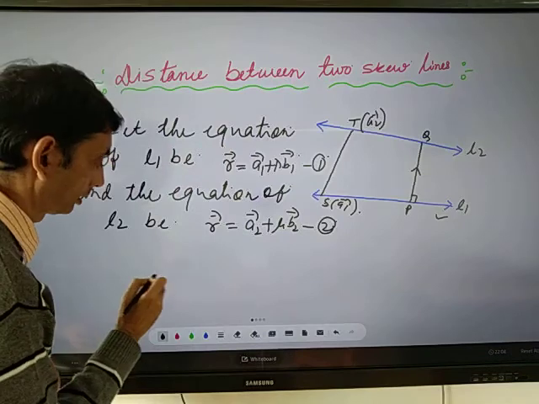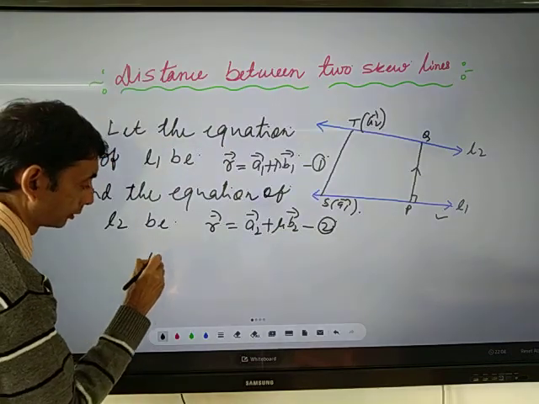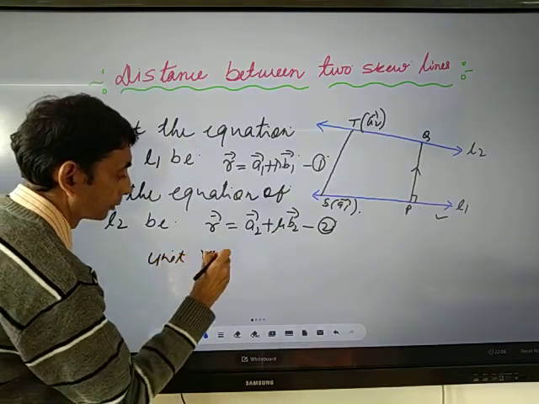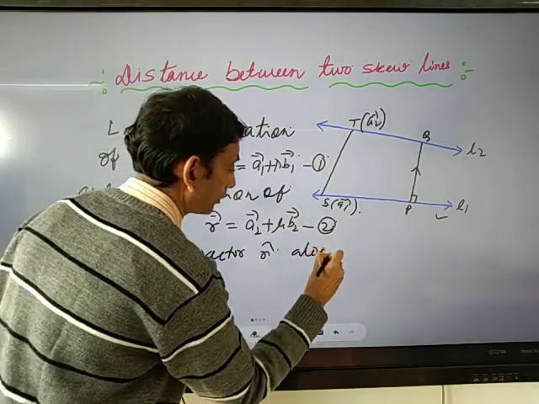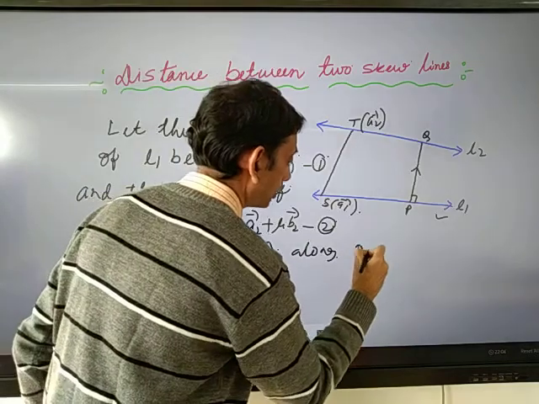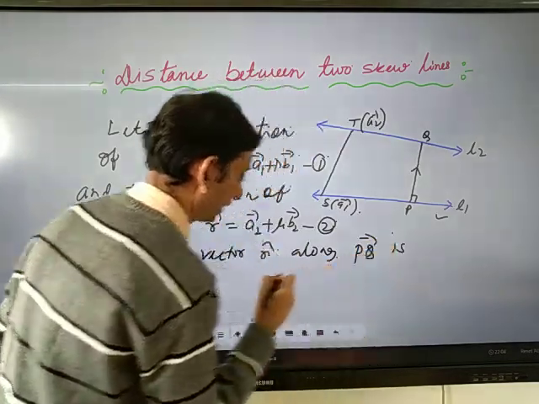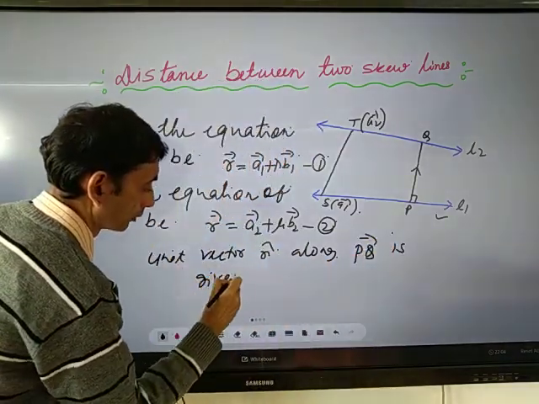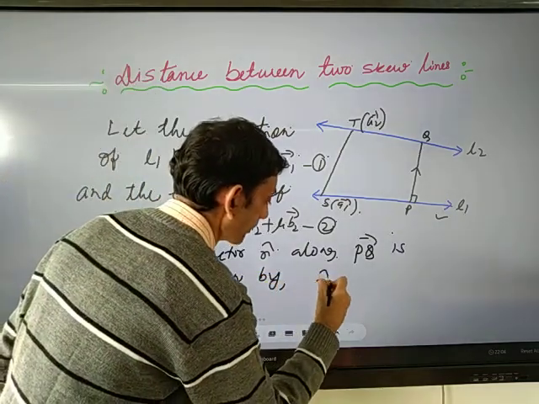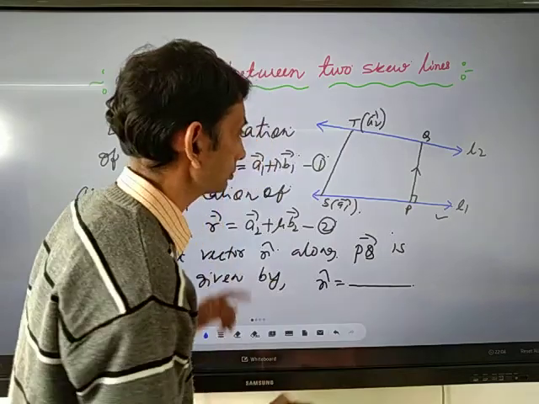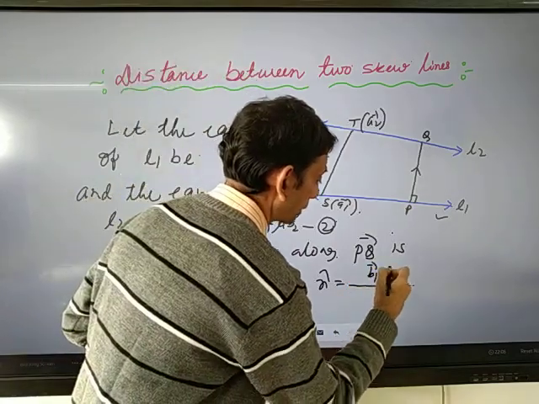The unit vector n cap along PQ is given by B1 cross B2.